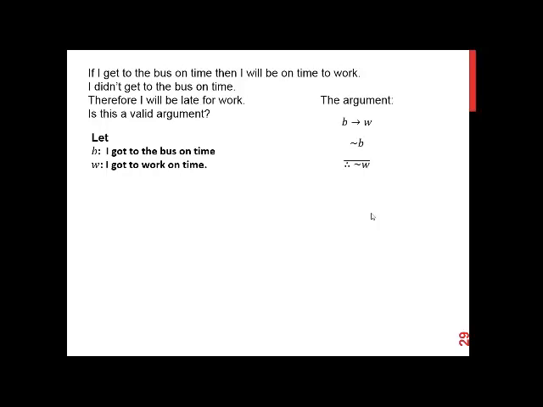And so the argument we have is if B then W. If I get to the bus on time, then I get to work on time. Not B, I didn't get to the bus on time, therefore not W. The three dots symbol is therefore.